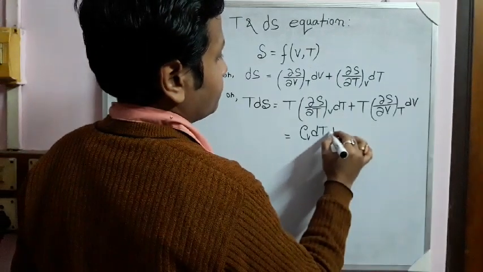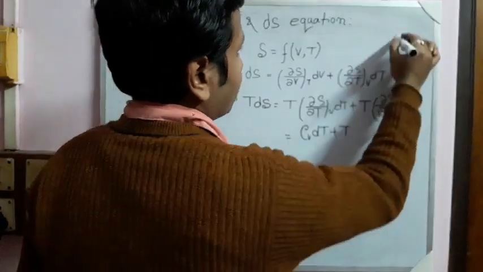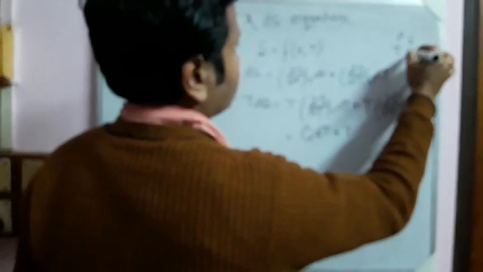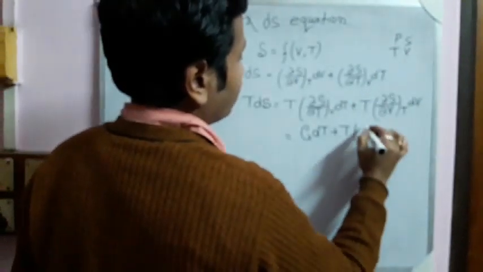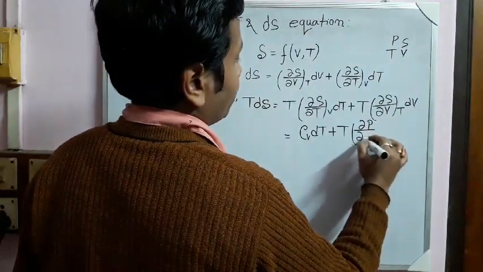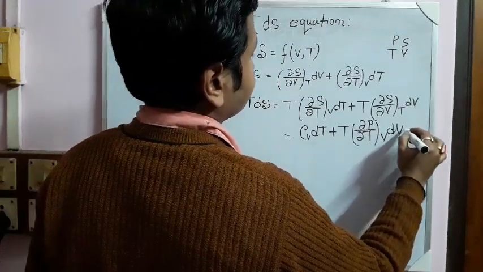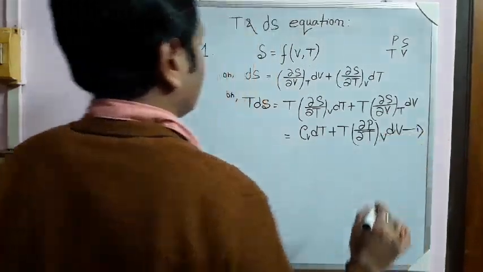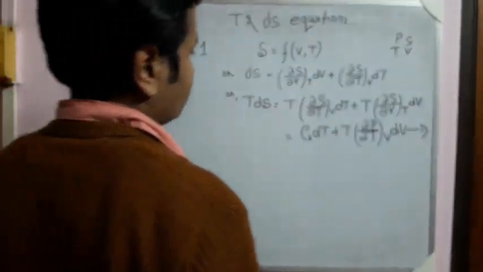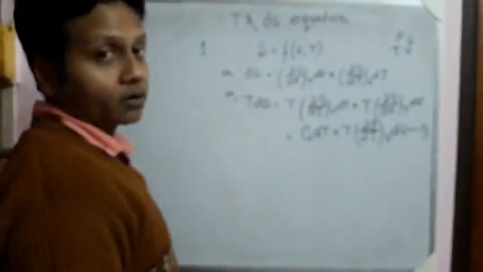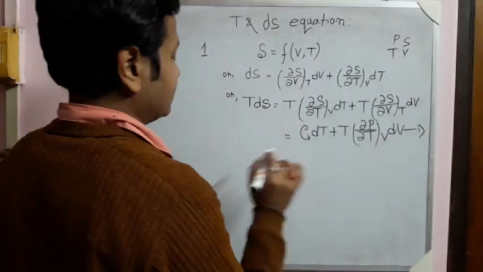So CV dT plus T into (del S/del V) at constant temperature, which by Maxwell's relation is (del P/del T) at constant volume. So this is known as the first T dS equation.